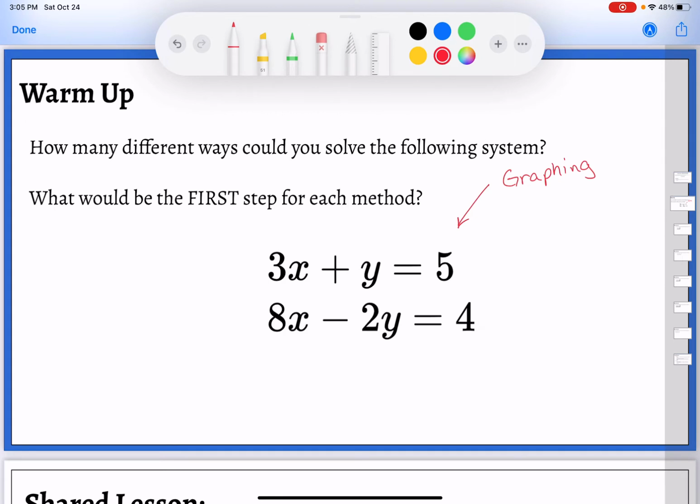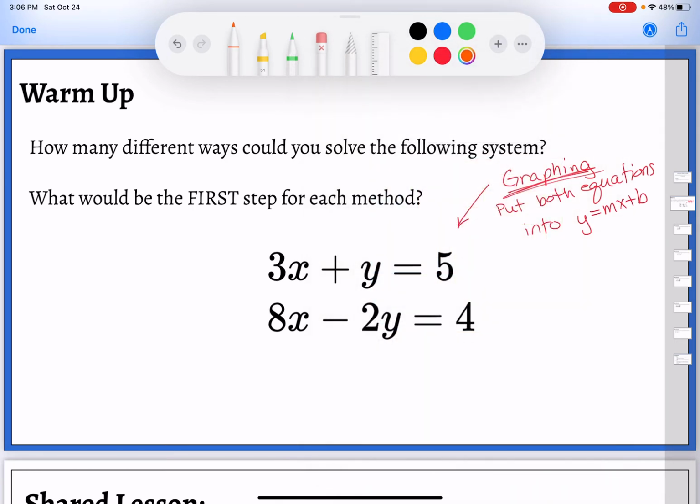On the bottom, I'd have to subtract 8x, negative 2y equals negative 8x plus 4, and then divide everything by negative 2, but it'll work out really nicely and give me y equals 4x minus 2, and both would be pretty easy to graph. So I have to put both equations into slope-intercept form, y equals mx plus b. And I'd have to have a graph, right?